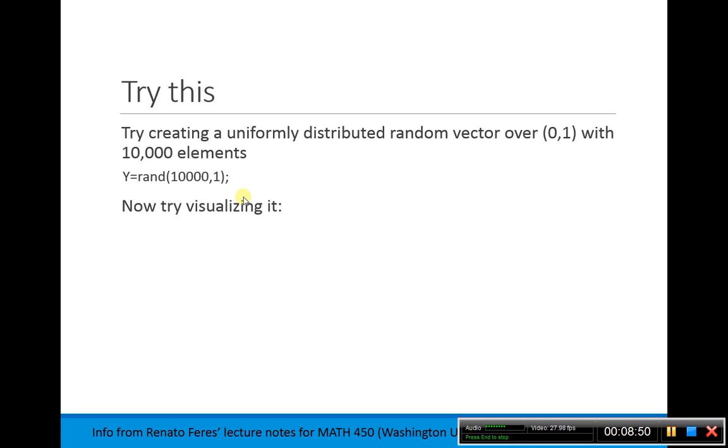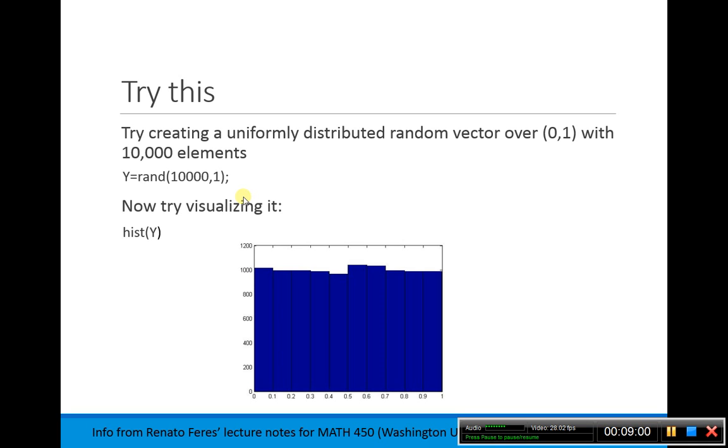Now let's visualize it. The easiest way of visualizing is just to say hist of y. Remember, this is going to give me my bins. Here, the default is 10 bins. So here's 1, 2, 3, 4, 5, 6, 7, 8, 9, 10. 10 bins.